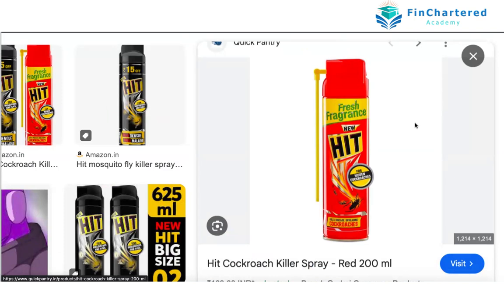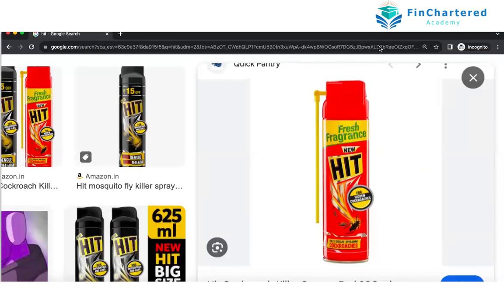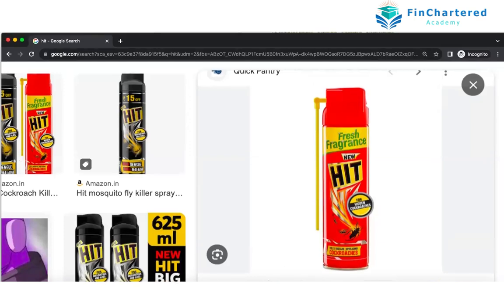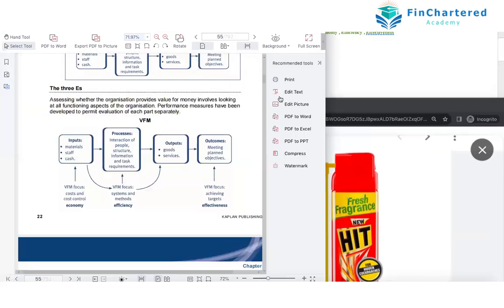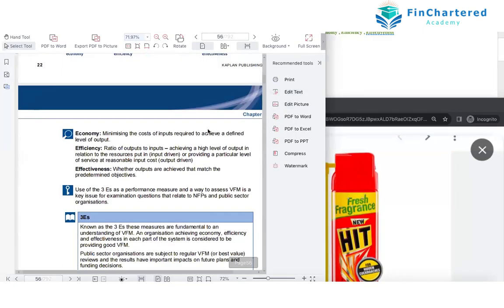Now, when will you say that, oh, it was economical? Okay, let me change the question. Economy class ticket. What do you mean by it? Economy means what?